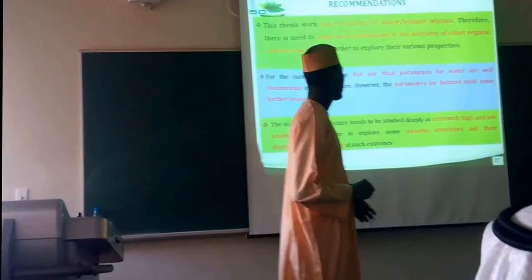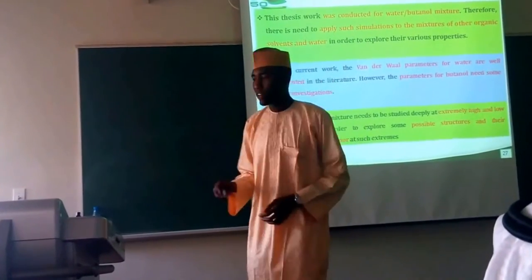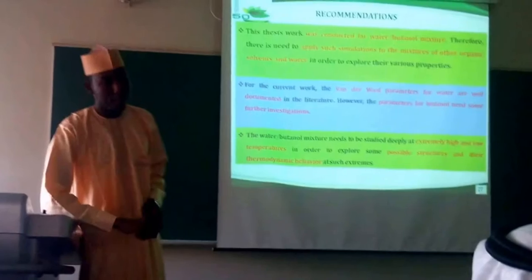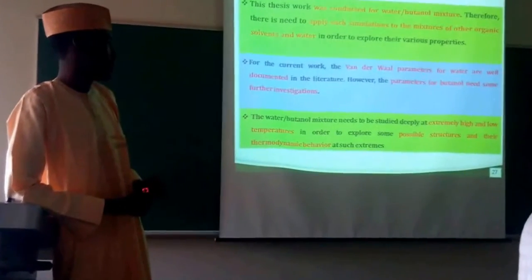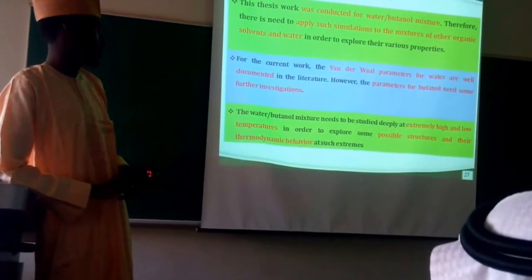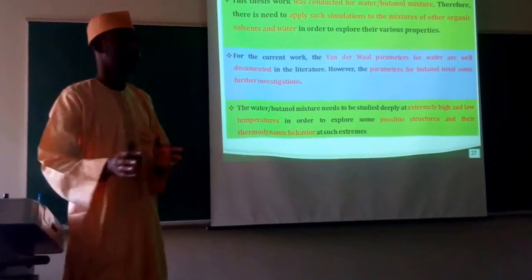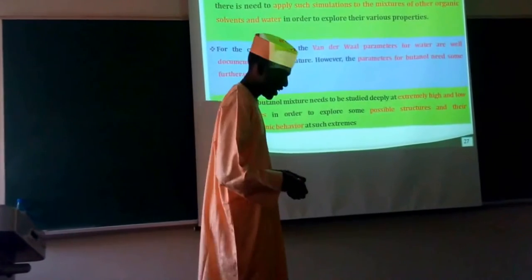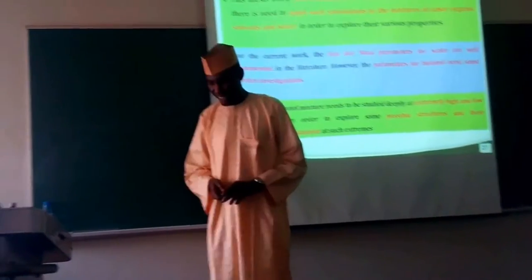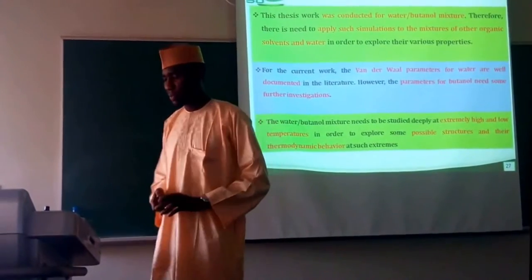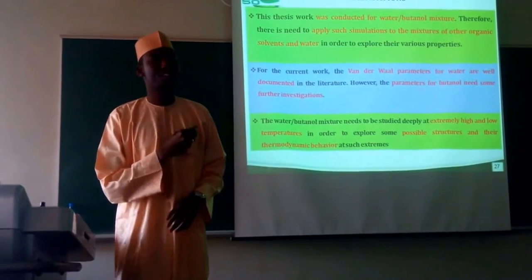And then also, we give another recommendation that there is a need to make these studies at extreme high and extreme low temperatures and see what happens. Another important recommendation is this RDS structure that we discovered.